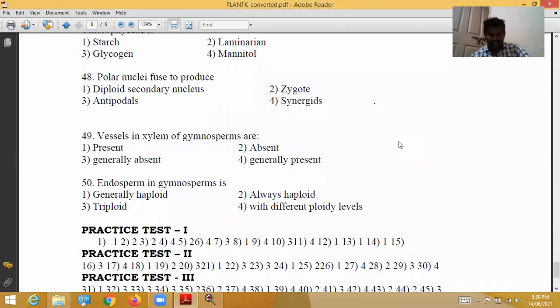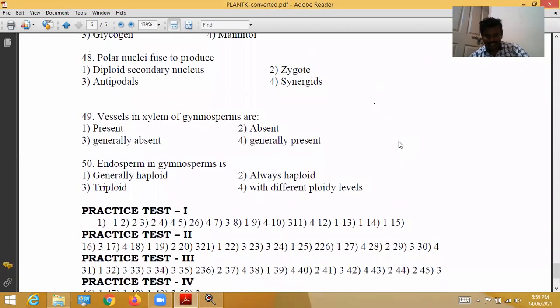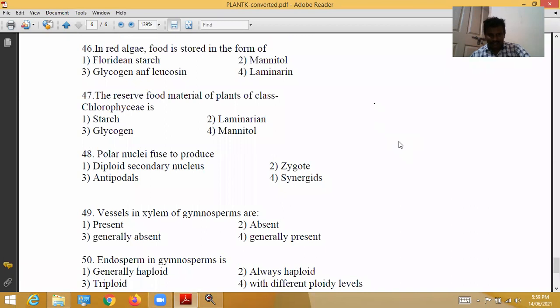Next, vessels in xylem of gymnosperms are generally absent. Among the four options, absent is the correct option.